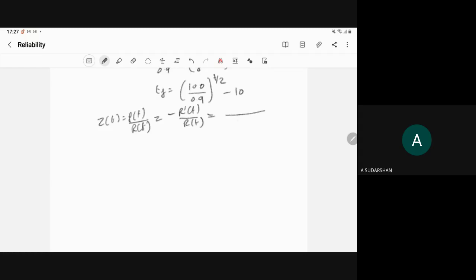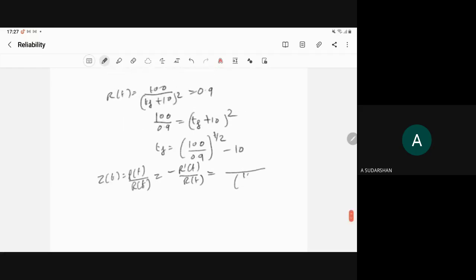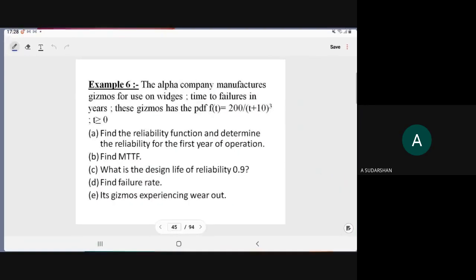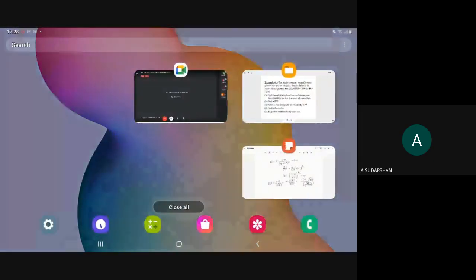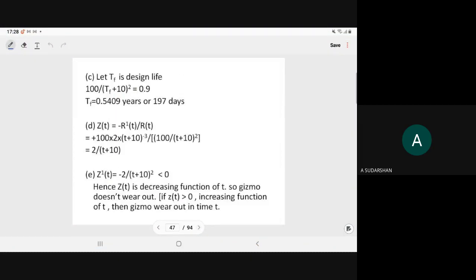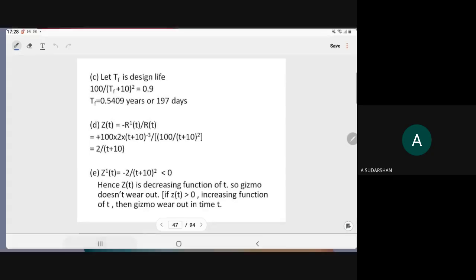R(t) we have computed as 100 upon (t plus 10) whole square, and R dash(t) will come as minus 200 upon (t plus 10) cube. So Z(t) will be 2 upon (t plus 10).